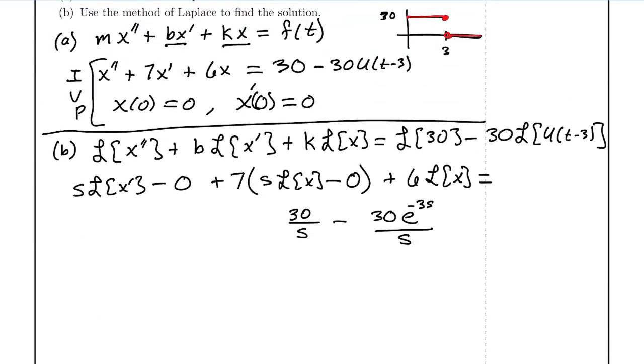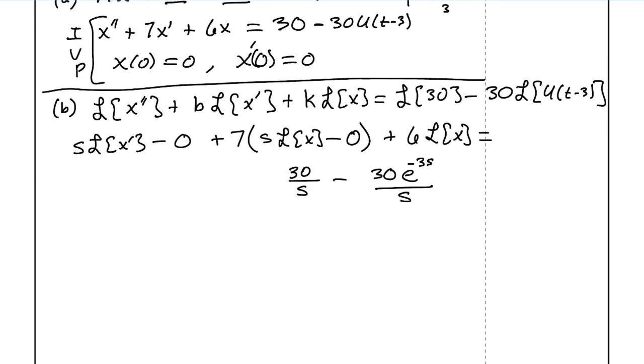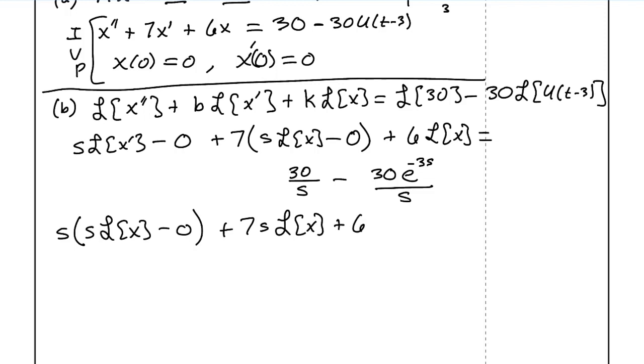All right. And then we can do this one more time. We'll get s times (s L of x minus x of 0), but that is just going to be 0 from the initial conditions, plus 7s L of x plus 6 L of x equals 30 over s minus 30 e to the minus 3s over s.